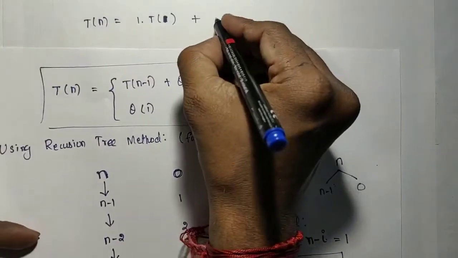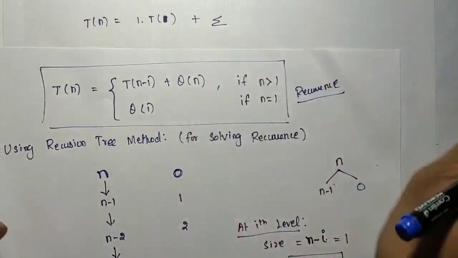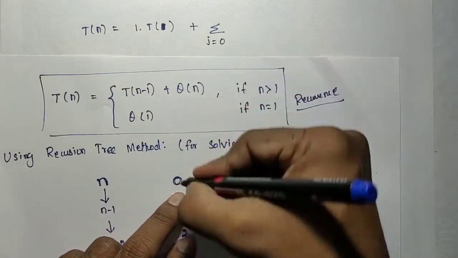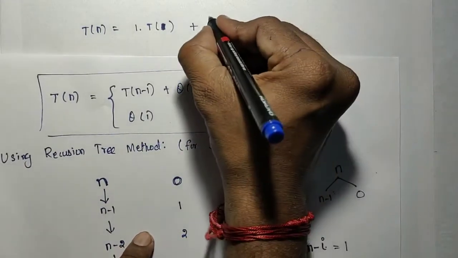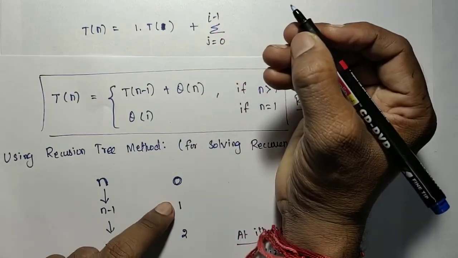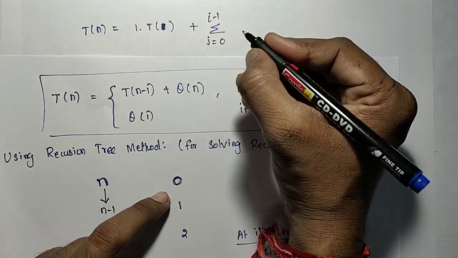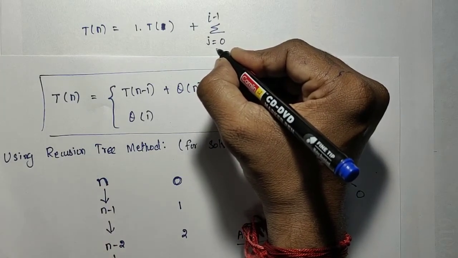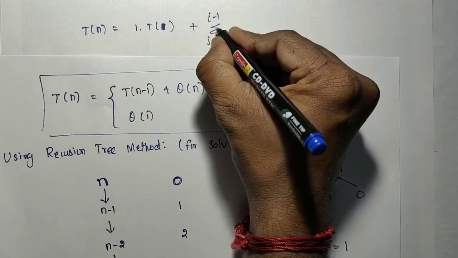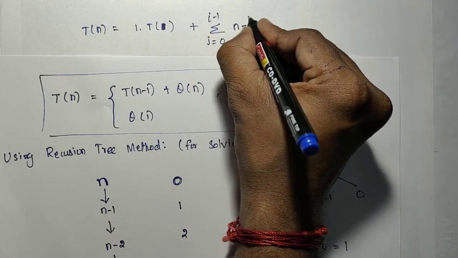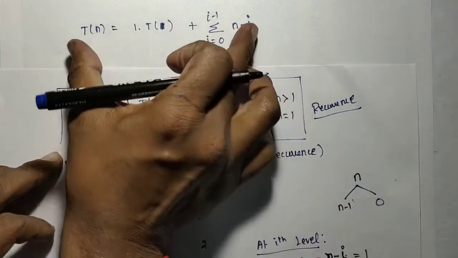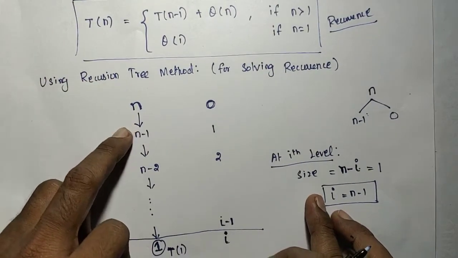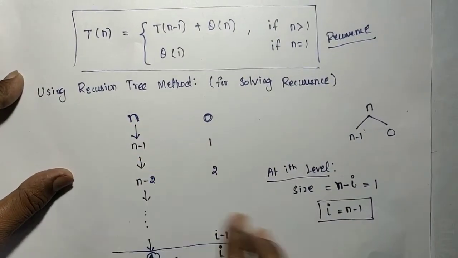So the sum of, j starting from the 0th level up to i minus 1, here n alone, here n minus 1, here n minus 2, like that. So j equal to 0 to i minus 1, which means n minus j. This expression is nothing but the sum of the subproblem sizes in each iteration: n, n minus 1, n minus 2.